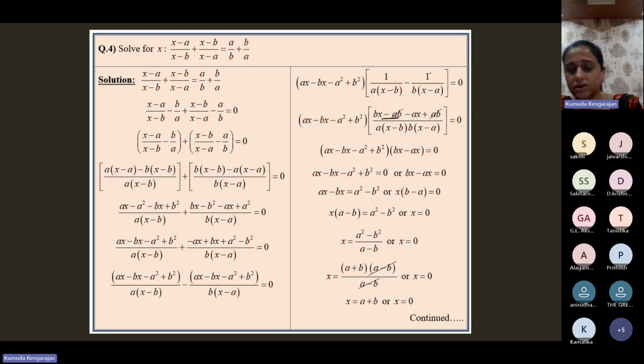And when you write this here, there's a minus here already, so a into x minus b. So it will be minus ax, and then a into minus b is minus ab, and minus, so plus ab.